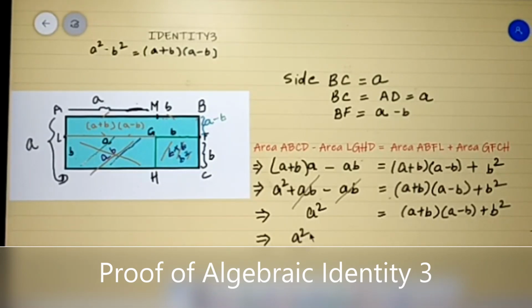So A square, coming to this side, is minus B square, and what is left on RHS? This is A plus B into A minus B. So thus we have proved our identity 3. A square minus B square is equal to A plus B into A minus B.